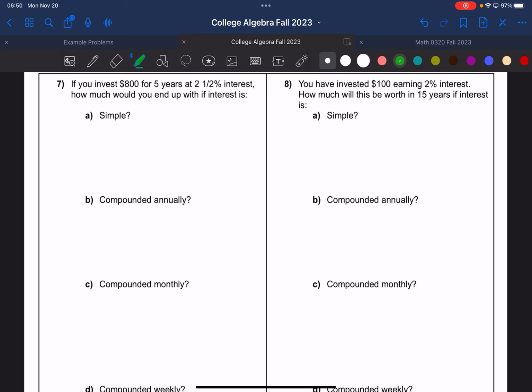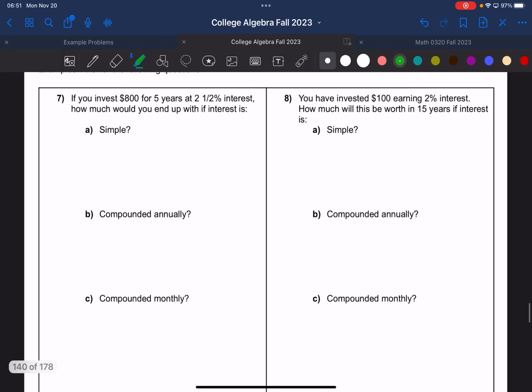Okay. So in number 7, it says, if you invest $800 for 5 years at 2.5% interest, how much would you end up with if you use a simple interest formula?